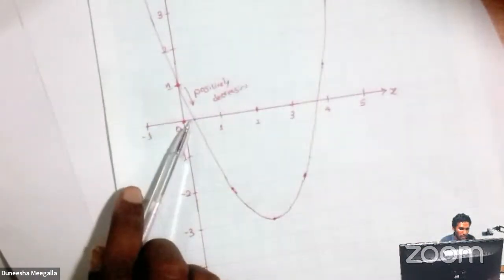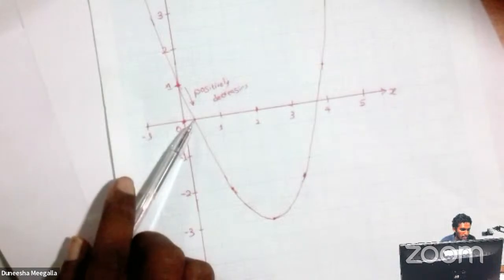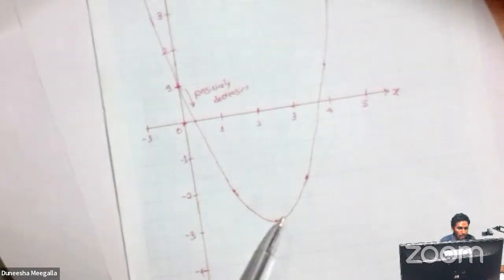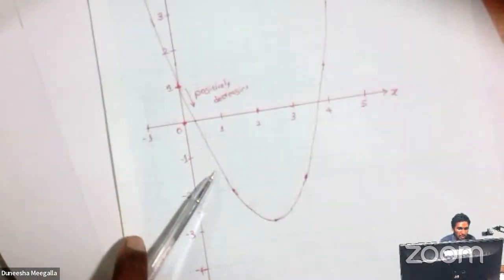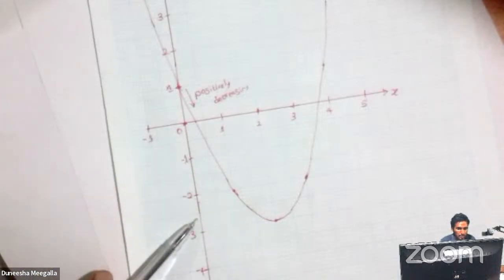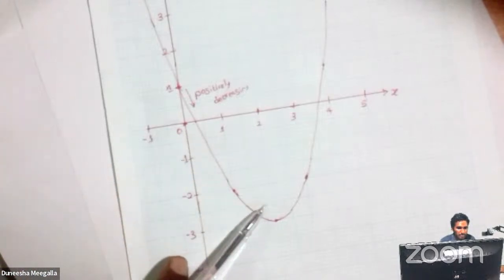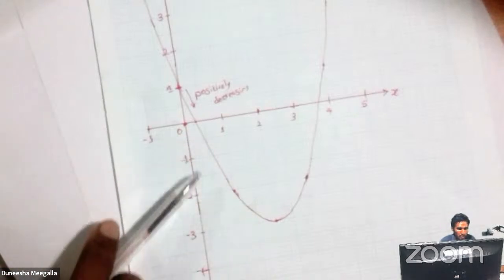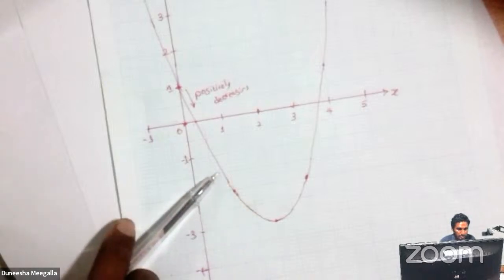When we cross the x axis, what is the behavior of y? Is y positive or negative in this area?